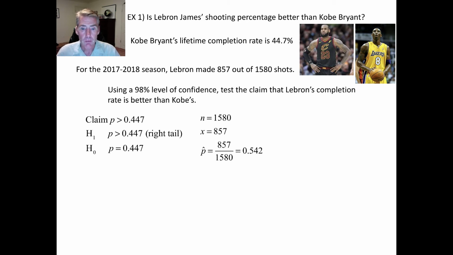Then you write down the sample information, n, x, and when you divide those two, LeBron's success rate is actually 54.2%. So that does look like it's better than Kobe, but is 1,580 shots enough to actually prove LeBron is better than Kobe?